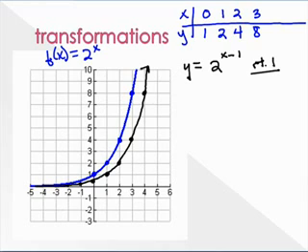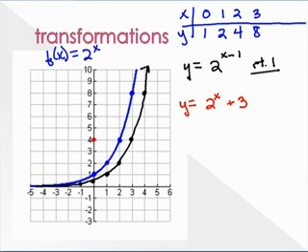Okay. If I kept the same base, kept the 2 to the x, but all I did then is put a plus 3 at the end of it, then what that does is it takes every one of our y values and it moves it up 3. So this point here, the 0, 1, is now at 0, 4.